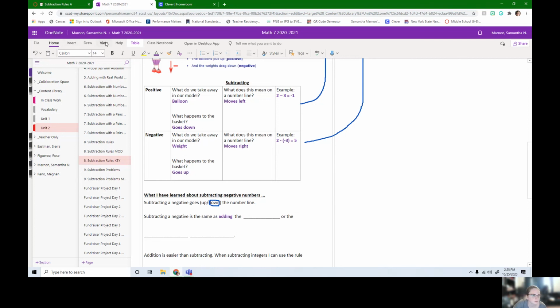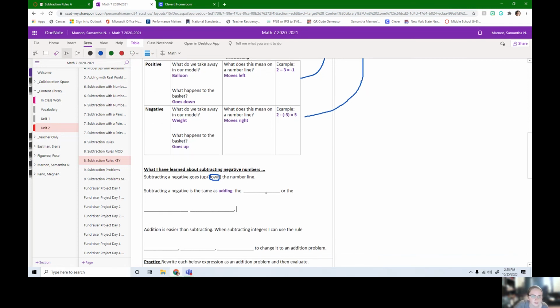I'm going to keep using the drawing tool because my keyboard's not working. So it's adding the opposite, or the additive inverse. An additive inverse is something we've been working with for a while.